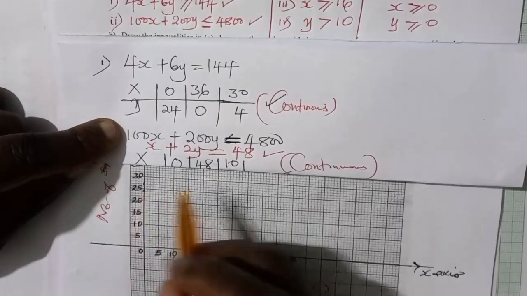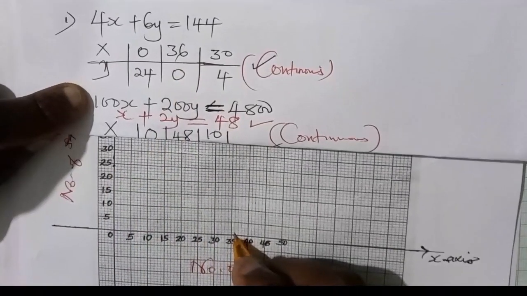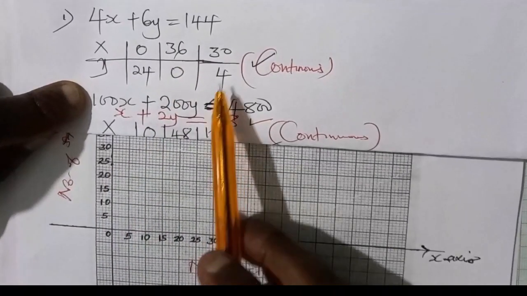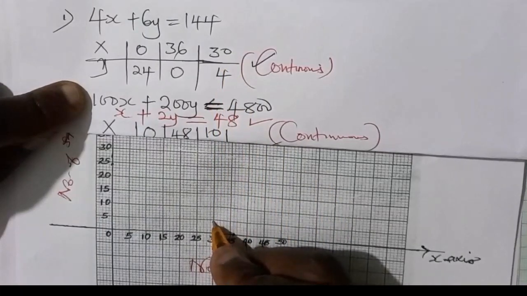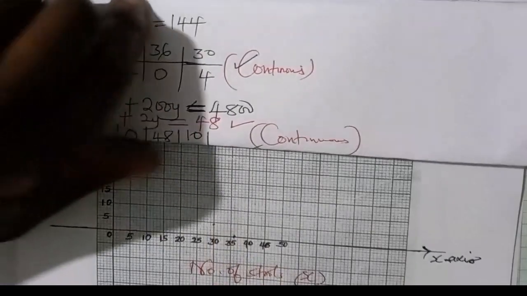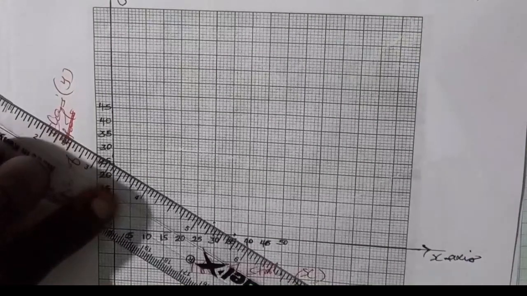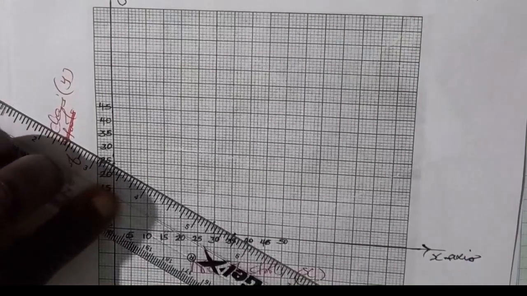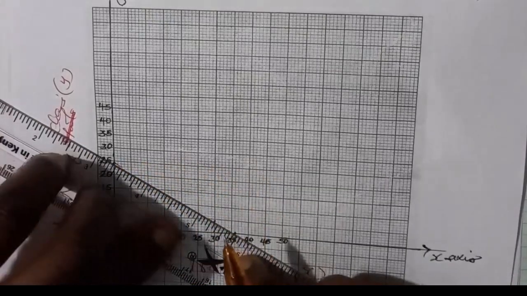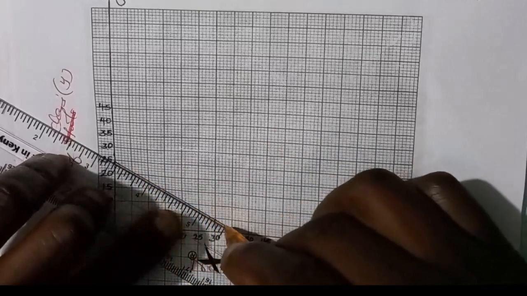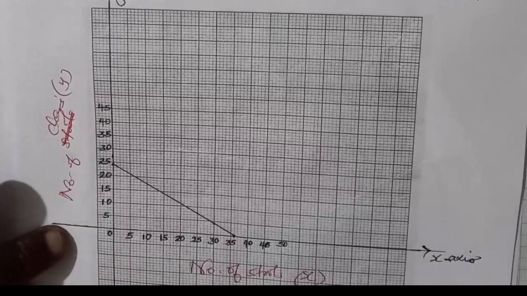Then 36, 0 will be here. And then we have 30 and 4 will be there. So that line will be continuous. So that is the first line.